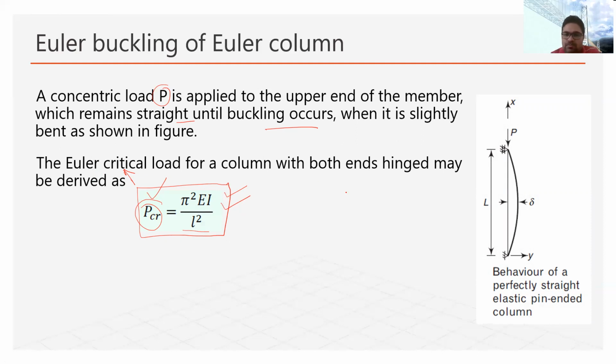For a short column, we can easily calculate P as Fy into the cross-sectional dimension. The formula that Euler has given is basically for slender and intermediate columns. Now you can see it is very easy to find, as it is all about the Fy value.